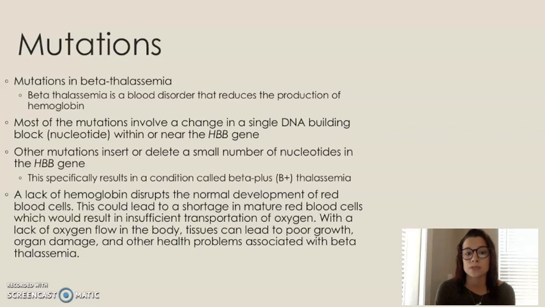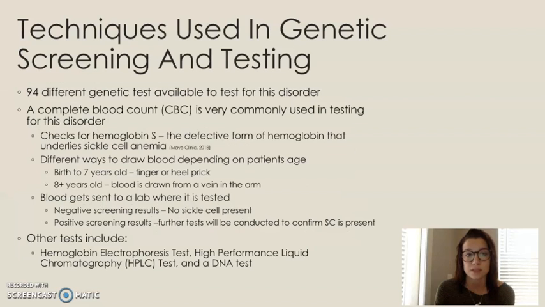This specifically results in a condition called beta plus thalassemia, and a lack of hemoglobin disrupts the normal development of red blood cells. This could lead to a shortage of mature red blood cells, which would result in insufficient transportation of oxygen. With a lack of oxygen flow in the body's tissues, this can lead to poor growth, organ damage, and other health problems associated with this.